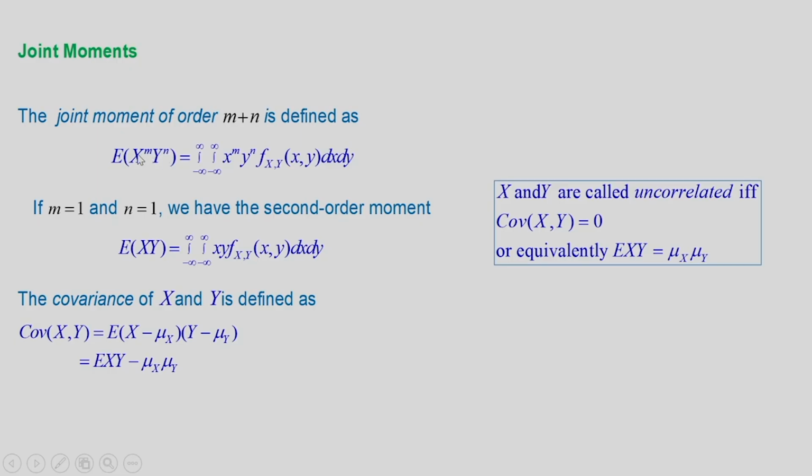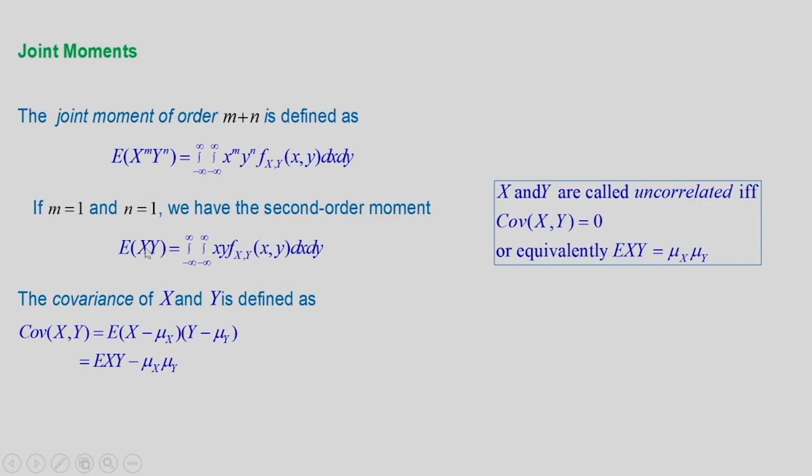You are taking the mth power of x into the nth power of y and then taking the average value, and this is given by this integral. Particularly, if m is equal to 1 and n is equal to 1, we have the second order moment E of x y. Here it will be x y multiplied by the joint PDF, and you will integrate from minus infinity to infinity.